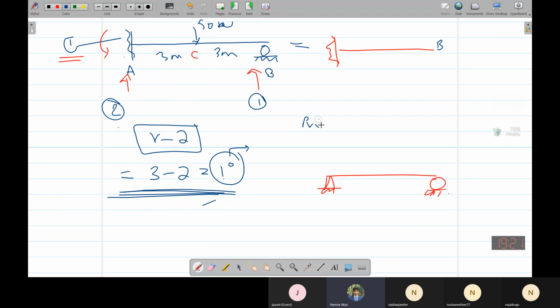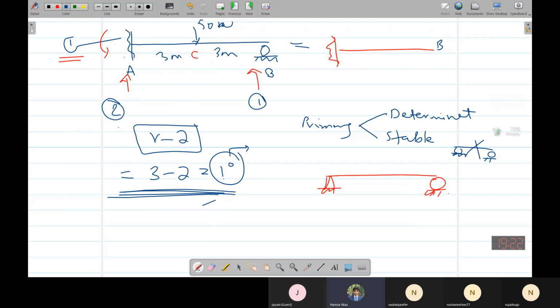I'll write it. Primary structure has 2 properties. It is determinate as well as stable. Stable in the sense that we cannot make a structure like this, with 2 roller supports. Although this is determinate, it will not deflect, it will move in the direction of the force. So it is not stable.